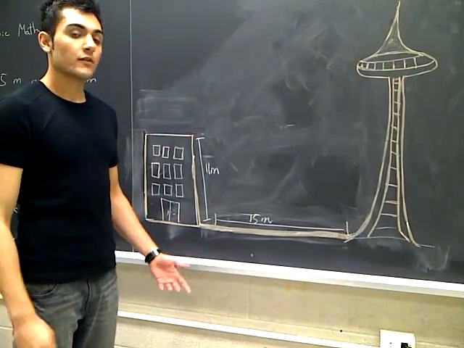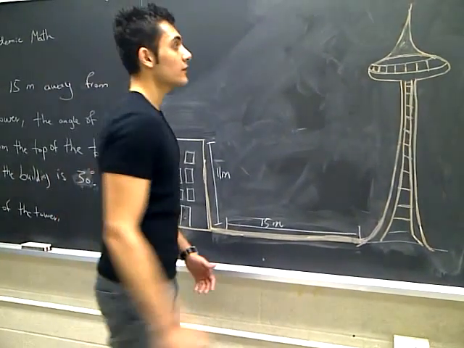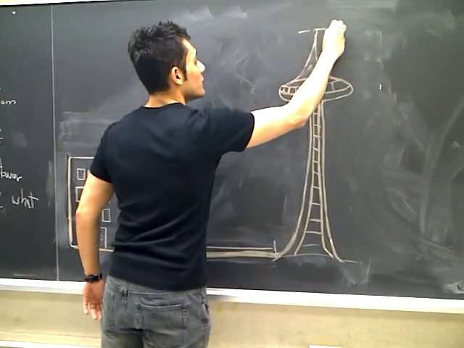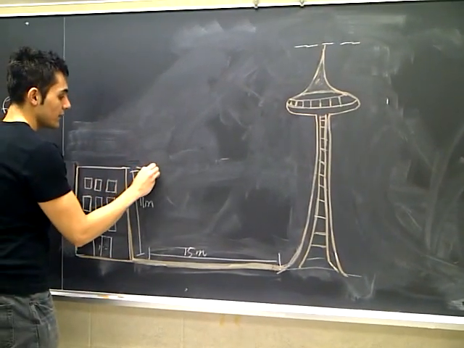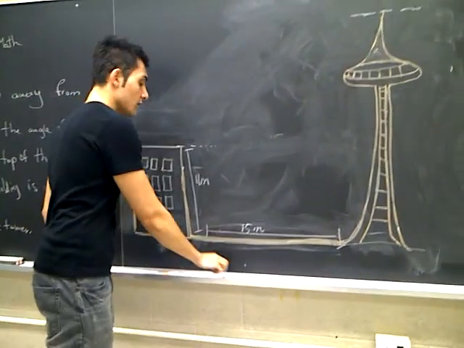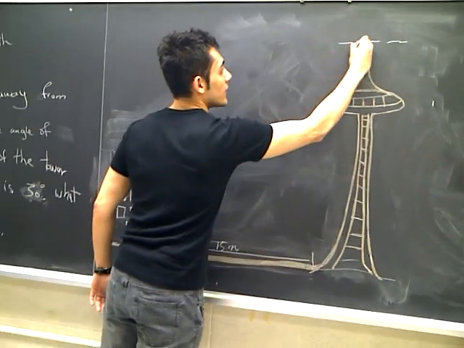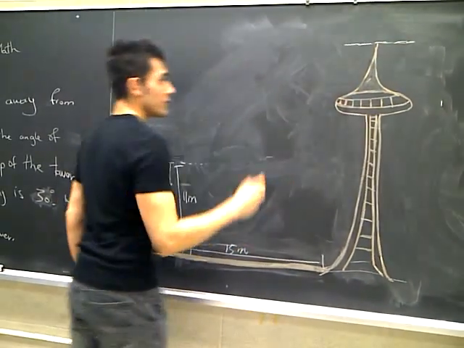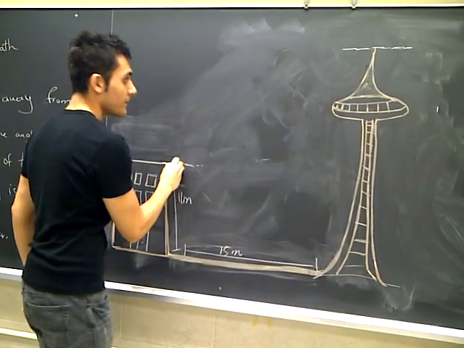Another piece of information that we have is that the angle of depression from the top of the tower to the top of the building is approximately 30 degrees. So what we have to do is draw a parallel line from the top of the tower, and we draw another line here.